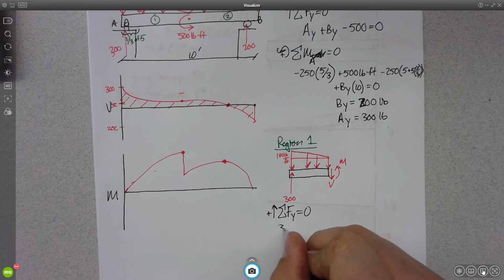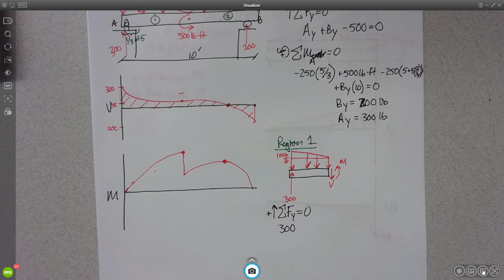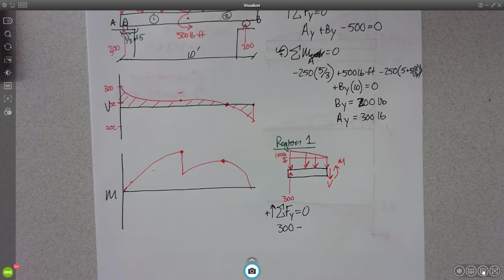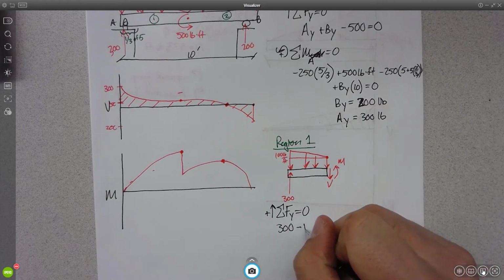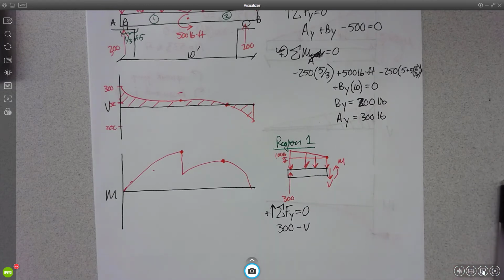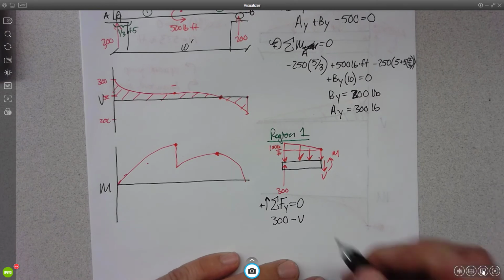Well, I'm going to have 300 going up, minus... We need to figure out what the height of this guy is. Okay, yeah, minus V, sure. Low-hanging fruit there. What else do we have minus?